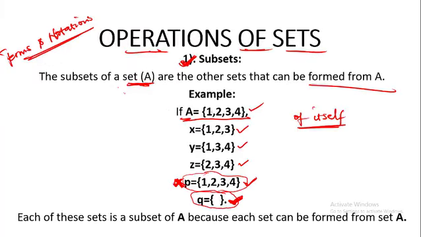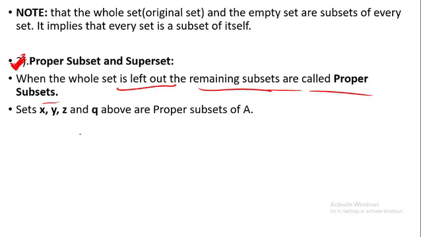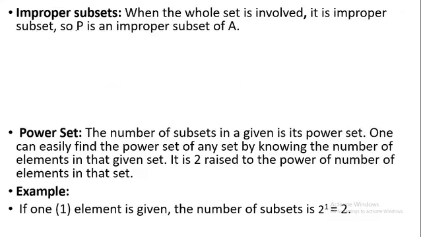Like we have set X, set Y, set Z, and set Q. All these are super subsets and proper subsets. That's why we say that X, Y, Z, and Q are called the proper subsets of the set A.